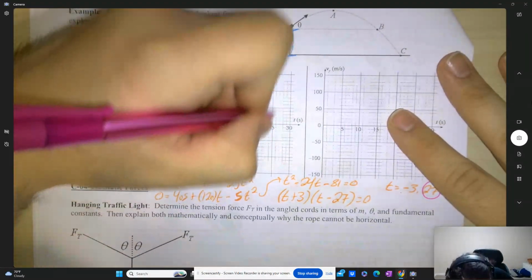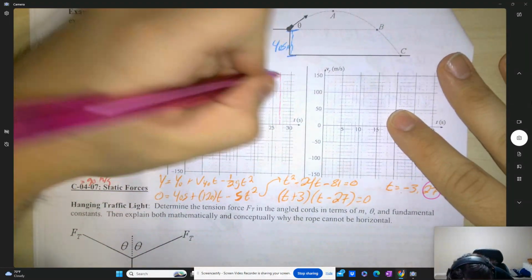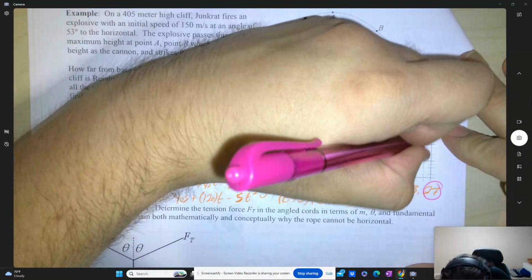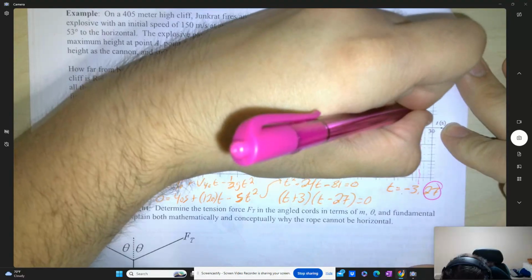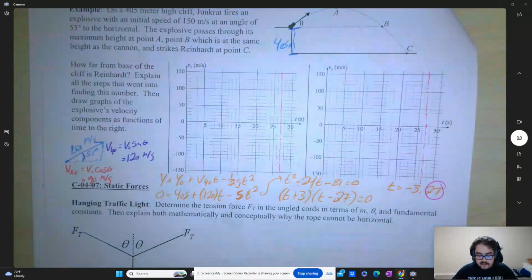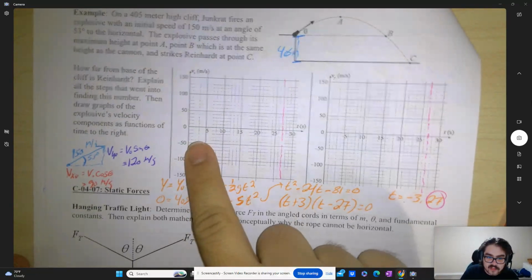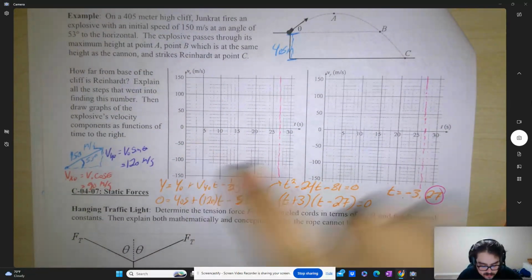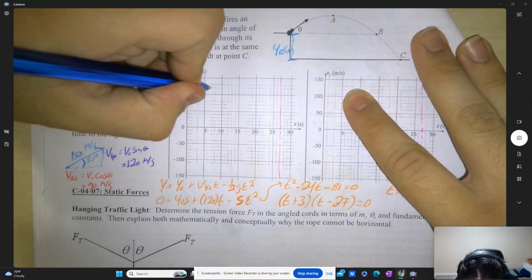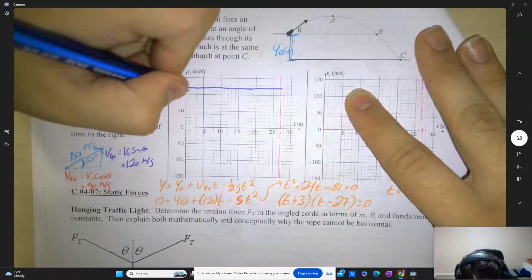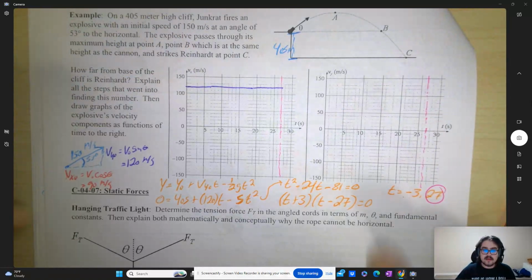So where's 27 on all these graphs? It's going to be right about here, so my graphs shouldn't go past these points. When I do my graphs, the x velocity is going to be constant, 120 the whole time.